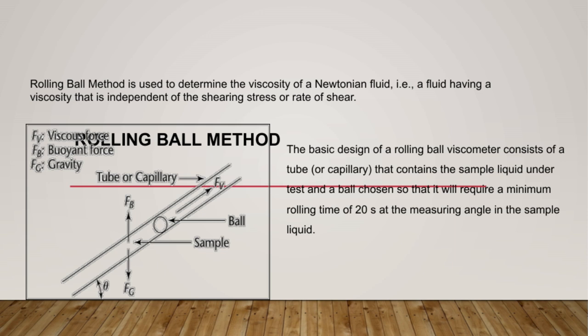The key here is the design, choosing the right ball and angle to get meaningful, reproducible data on the fluid's viscosity. So, in summary, the design of the viscometer and the method itself are tailored to accurately determine the viscosity of Newtonian fluids by observing the rolling behavior of a ball within a controlled setup.